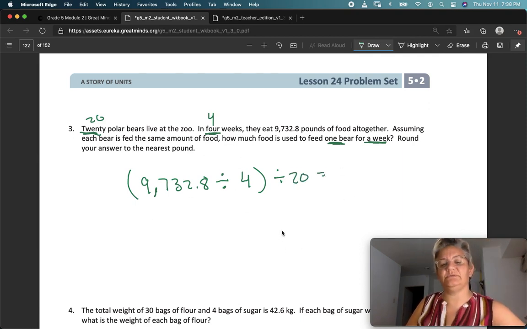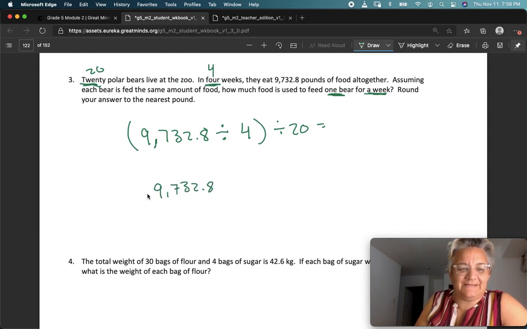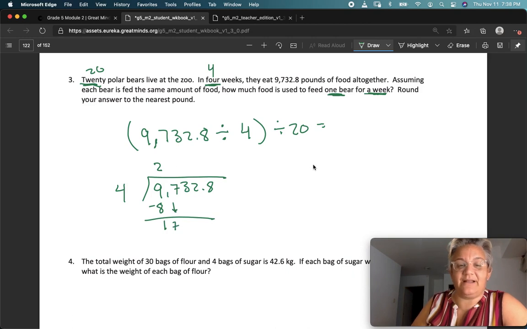So I'm going to do long division. I'm going to keep this here so you can see it, and I'm just going to go ahead and divide by 4 right away, okay? 9,732.8 divided by 4, okay? 4 goes into 9 twice. 2 times 4 is 8. 1, and then bring down the 7. Ooh, I'm going to run out of space so quickly.